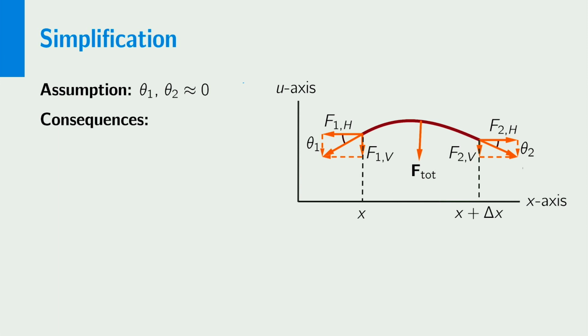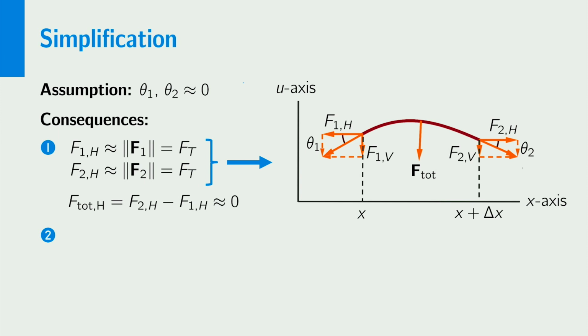For starters, it's not hard to see that for very small theta, F1 and F2 will be nearly horizontal. And because the magnitudes of F1 and F2 are both equal to the tension Ft, we find that the horizontal components cancel each other. As a consequence, the total force acting on the segment must be purely vertical.